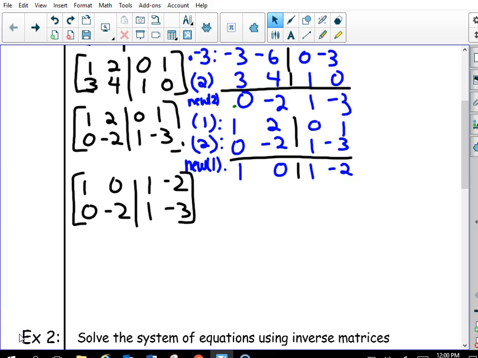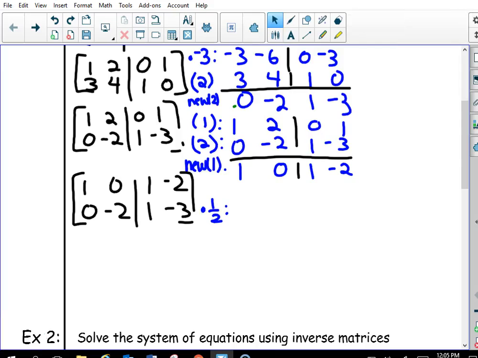Okay, on the left-hand side, I almost have the identity matrix. I just need a 1 in the second row, second column, and I can do that by just dividing that by -2. Let's call that multiplication by 1/2.